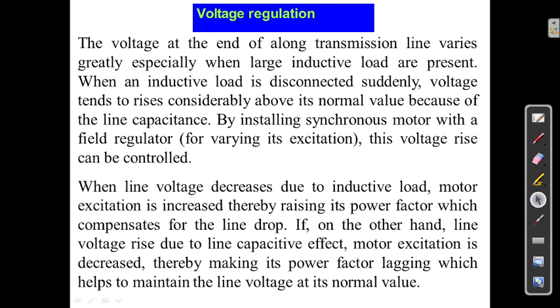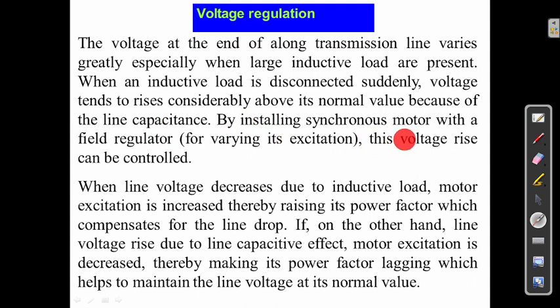Then voltage regulation. When the voltage at the end of a long transmission line varies greatly, especially when large inductive loads are present, and when an inductive load is disconnected suddenly, the voltage tends to rise considerably above its normal value because of the line capacitance.